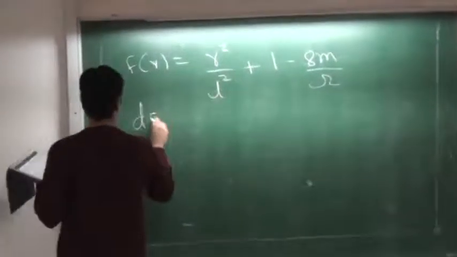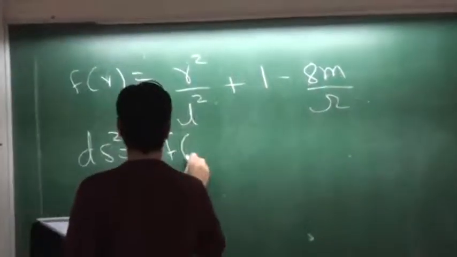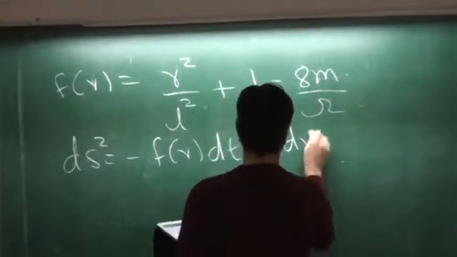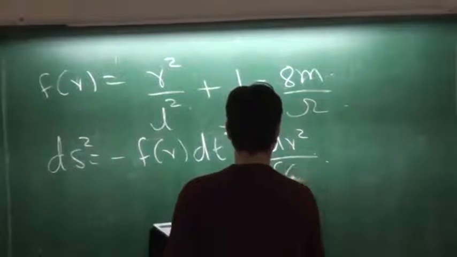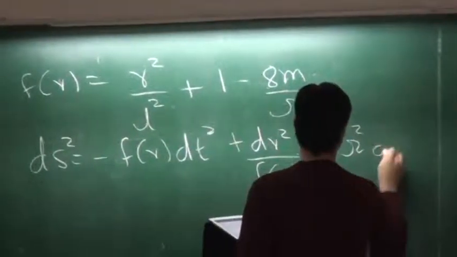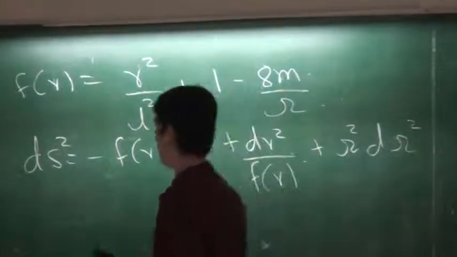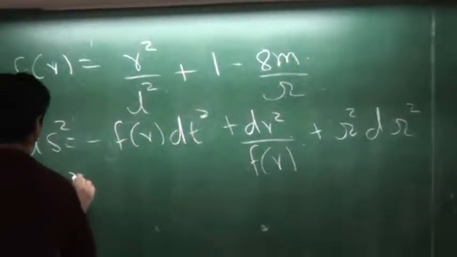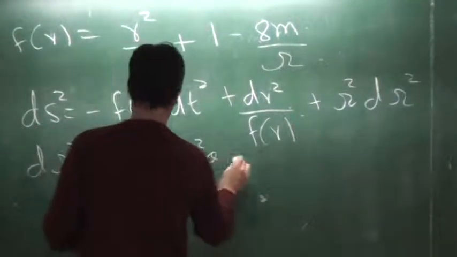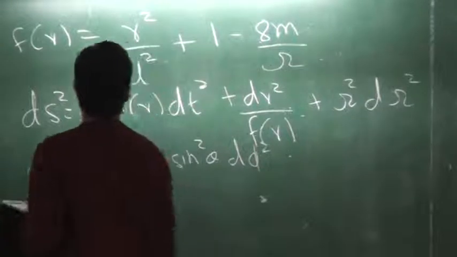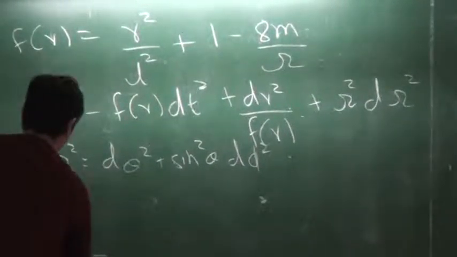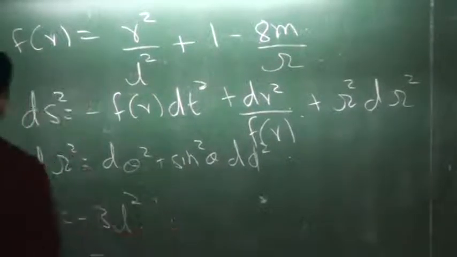And then write down the x square into d omega square, where d omega square is our usual metric on the sphere. This L is related to that constant lambda, where lambda is minus 3 over L squared.